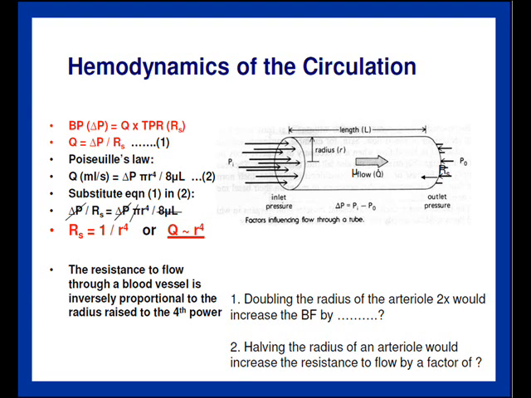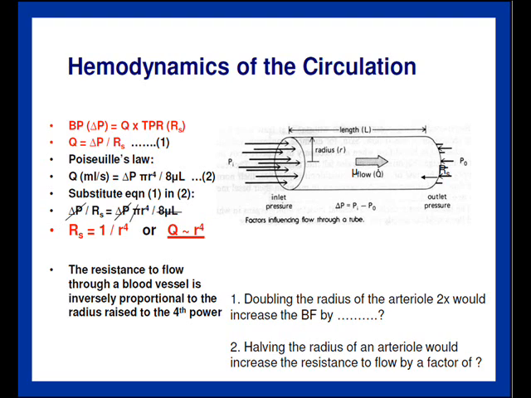Now, I've already said that MAP, or blood pressure, equals cardiac output, or blood flow, times TPR, total peripheral resistance. Another equation you may have seen before is cardiac output, Q, equals the change in pressure divided by resistance. Another equation, Poiseuille's law, is that blood flow through the pipe equals the change in pressure times pi times the radius of the blood vessel raised to the fourth power, divided by 8 mu, the viscosity, times the length.